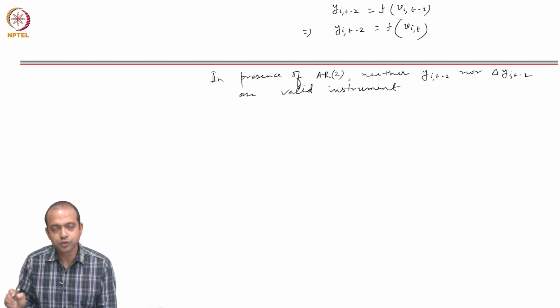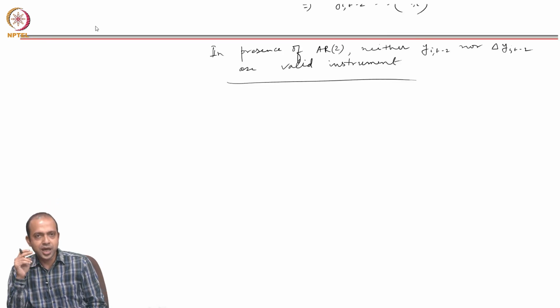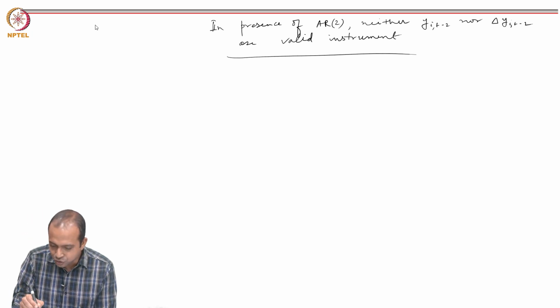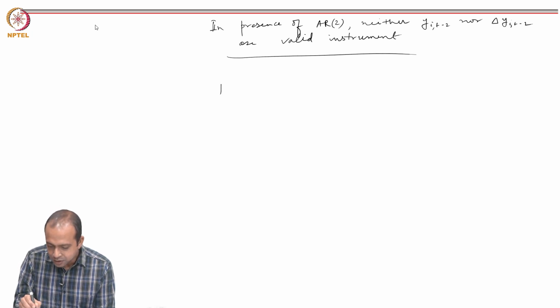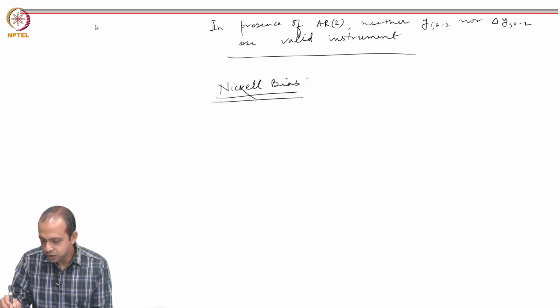Because in case of both FE transformation and FD transformation, we saw that we could not rule out the possibility of endogeneity, and this Nickell bias is of order 1 by T. So, that means as T tends to infinity, this bias tends to 0.